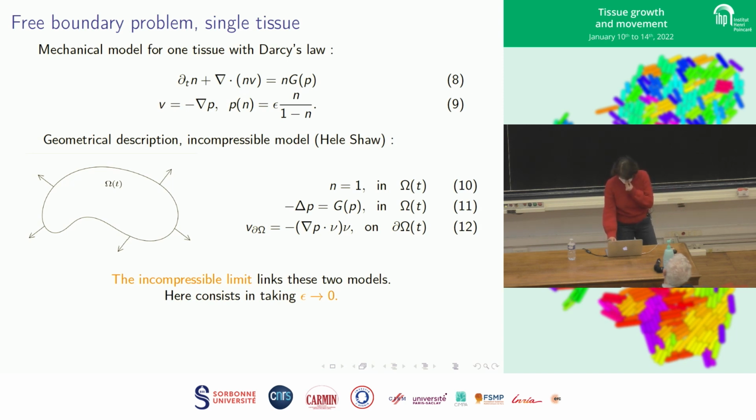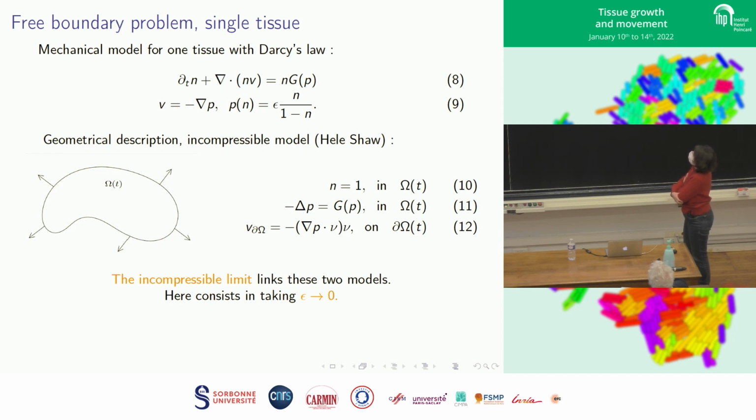So that's another description which is way more economical and that will interest us also. And one way to link these two models is to compute the incompressible limit. So in our case, we took this singular pressure law. It consists in taking epsilon to 0. So first you see that this will force n equals 1 whenever p is non-zero, from the p of n is epsilon n over 1 minus n.